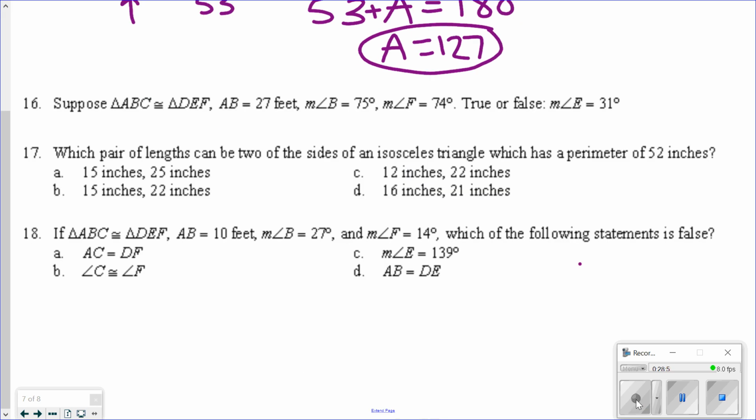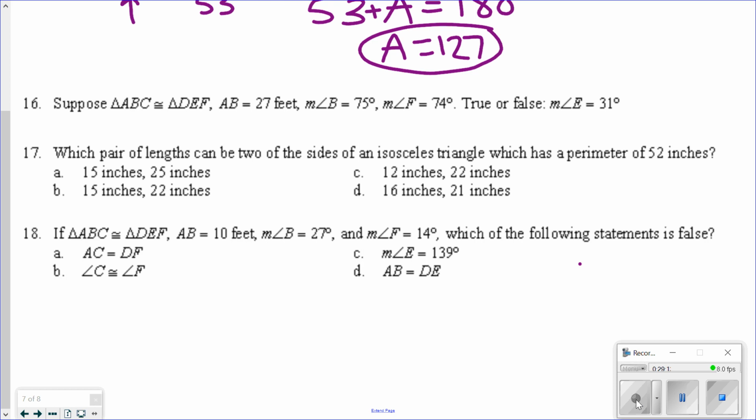16. Suppose triangle ABC is congruent to triangle DEF. If AB is equal to 27 feet, the measure of angle B is equal to 75, and the measure of angle F is equal to 74, is it true or false that the measure of angle E is equal to 31?